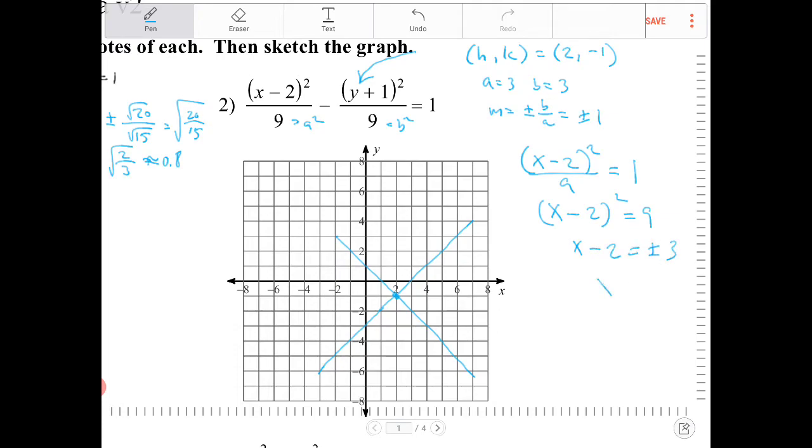Add 2 to both sides, and I end up with x equal to 5 or -1. So in other words, those are my vertices, and my graph is going to hug those asymptotes, and that's how I generate the graph of that hyperbola.